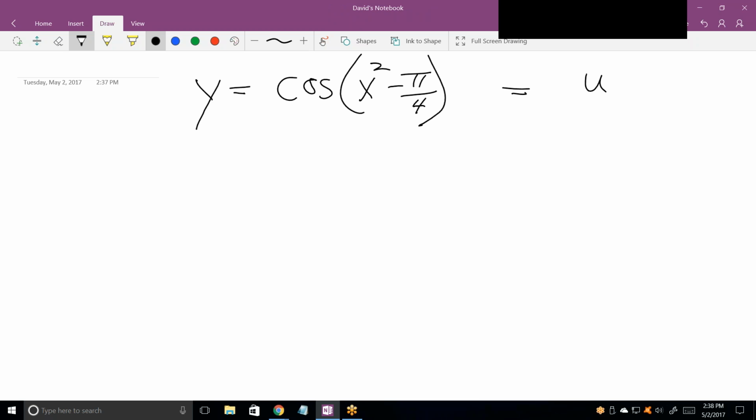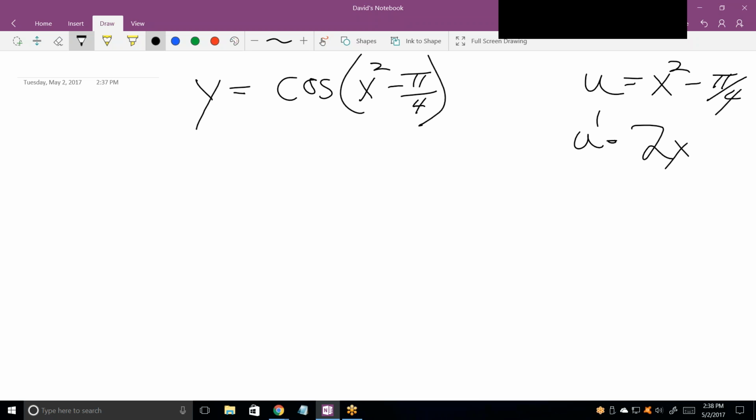That's it. u is x squared minus pi over 4. We know we're going to need u prime. u prime is going to be 2x, right? Because the pi over 4 just omits itself, right?